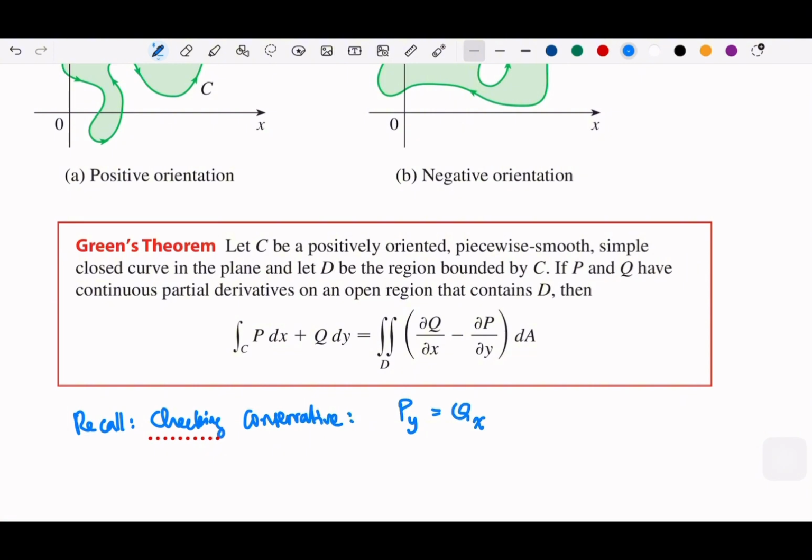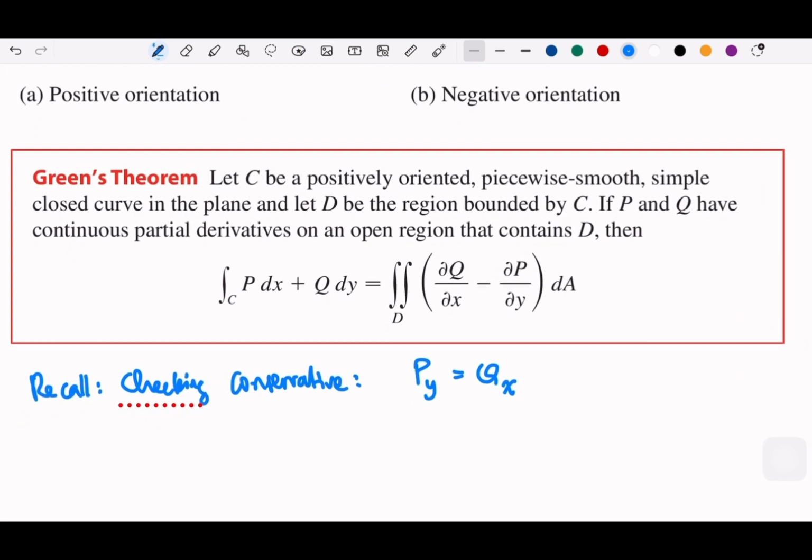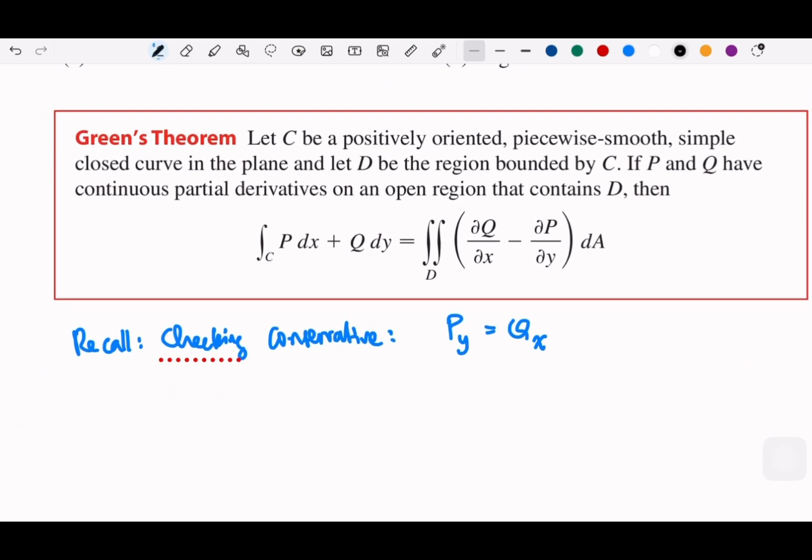And the notation, sometimes it can be written as this line integral. Sometimes we can write it with a circle in the middle and this C. So we can write something like this.